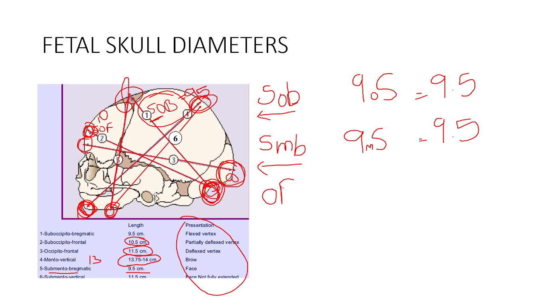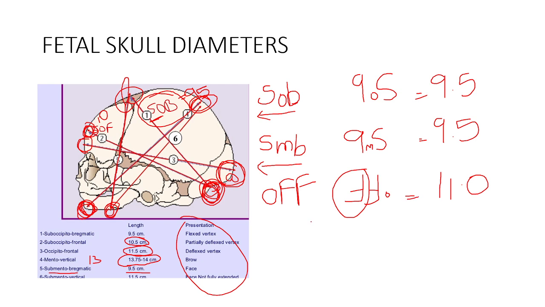Next comes the occipitofrontal. If you reverse this, you will get B like this. Just think of it as 1, because you don't have any number like this. So the occipitofrontal is around 11 centimeters.